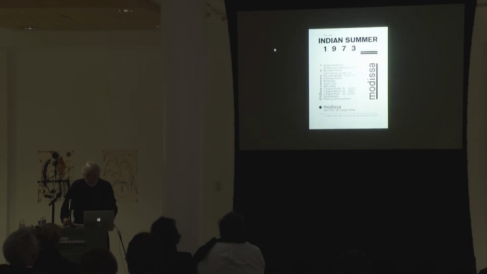And this is a Weingart influence for sure, a sales ad for the fashion house Modissa. Indian summer with spacing type and the use of rules and stuff, very, very much inspired by that whole world.